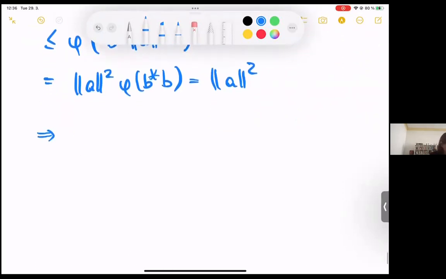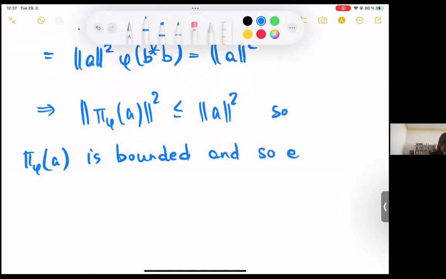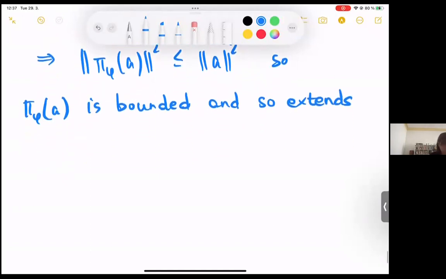So we see that indeed this is bounded, and we can safely extend it to the completion. So maybe I should have specified this is bounded on A mod N_phi.